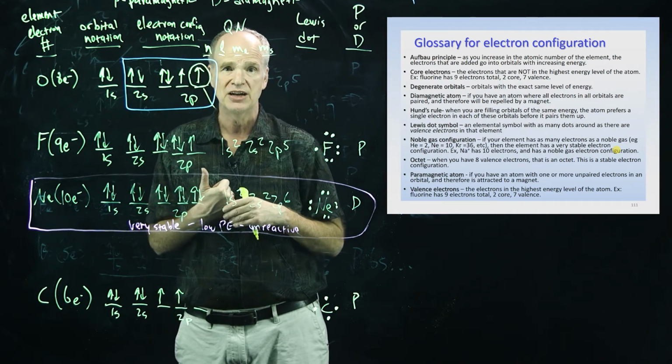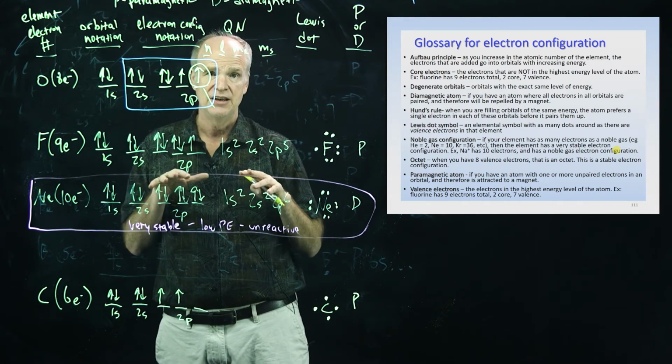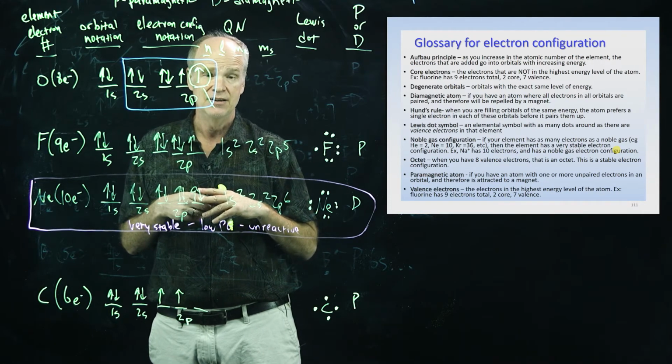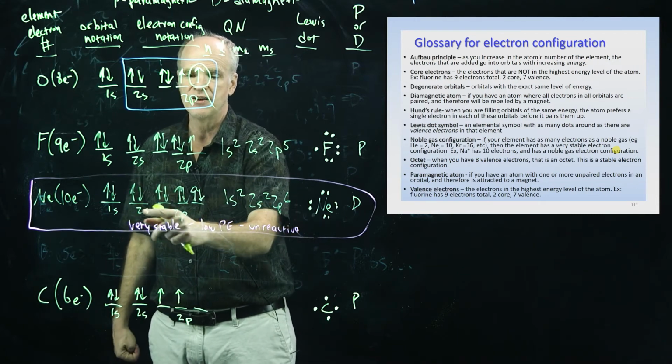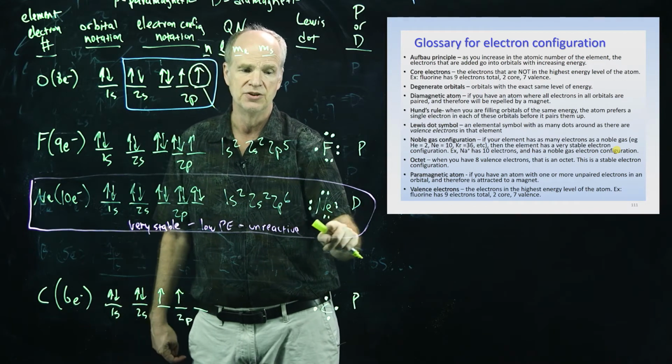If you have an electron configuration that has 8 highest energy level electrons, then that is called an octet, and that gives it further stability. And so here what you can see is this highest energy level is second. It has 8 electrons in it, as indicated by the Lewis dot symbol.